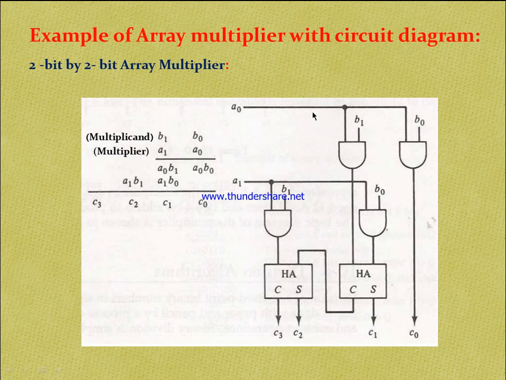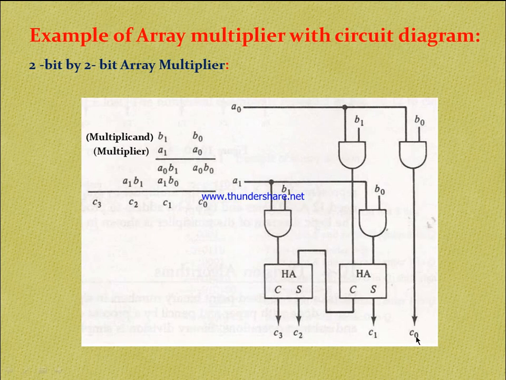That means first I have to give A0 to both this particular AND gate along with this B0 and B1. We know that the result of A0 and B0 is directly propagated to the result, that's why this product is directly propagated to the result C0.